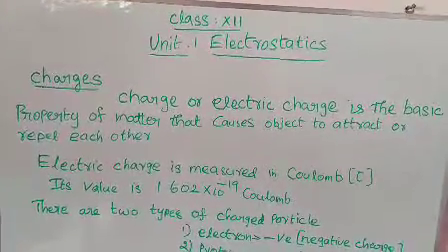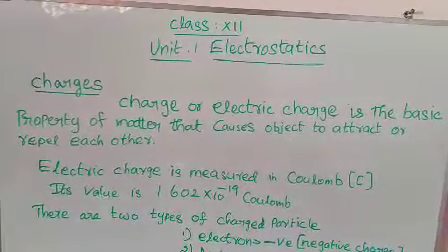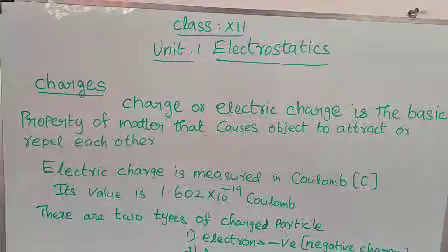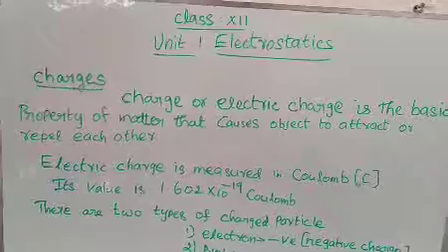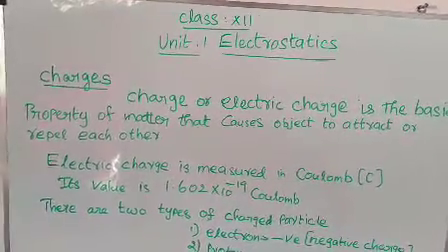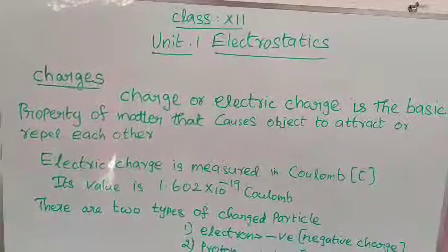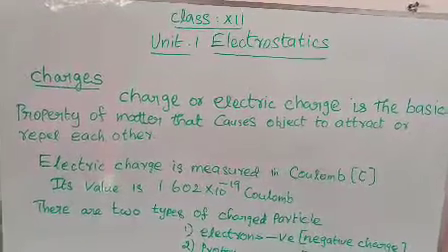Electrons are revolving around the nucleus. In between the electrons and the nucleus, electrostatic force acts. Every atom has an equal number of positive charges and negative charges, so the atom is neutral.